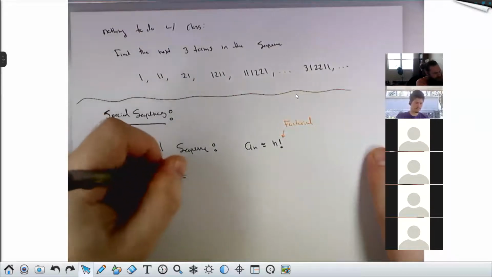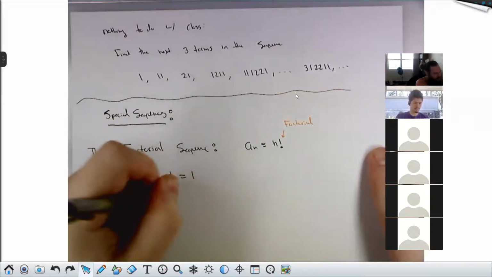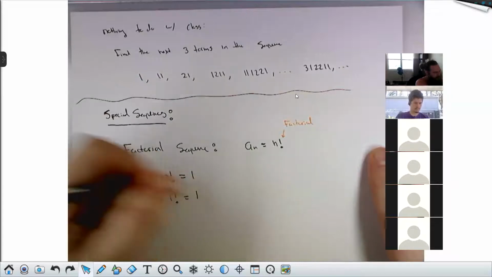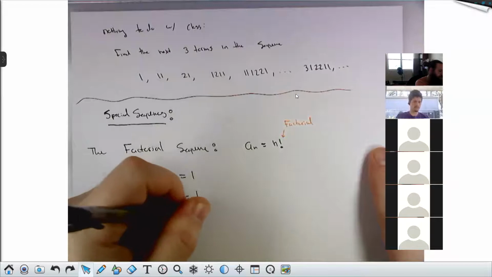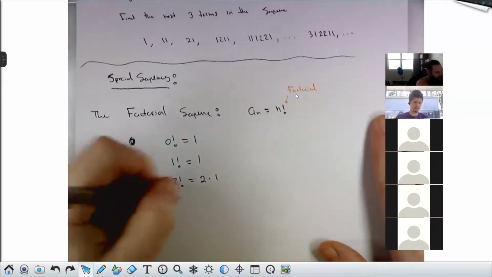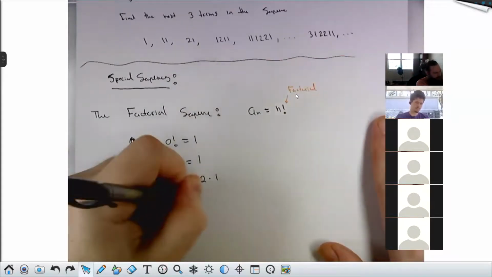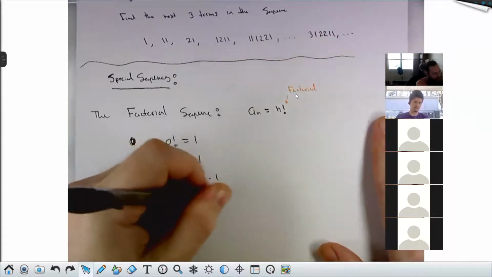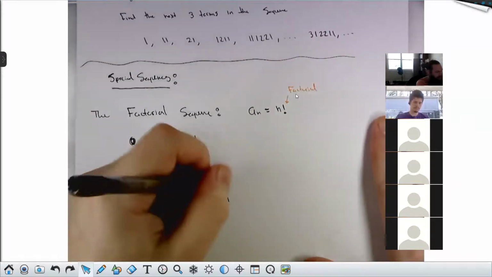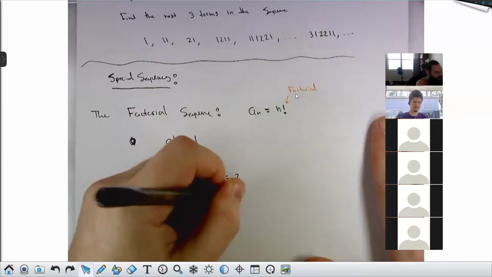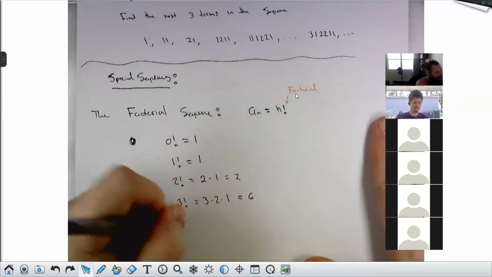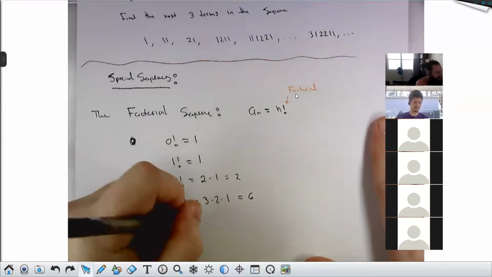It's defined by the rule: 0 factorial is 1. 1 factorial is 1. 2 factorial is 2 times 1. 3 factorial is 3 times 2 times 1. So 2 times 1 is 2, 3 times 2 times 1 is 6. How is 0 factorial 1? I know, I'll get there.